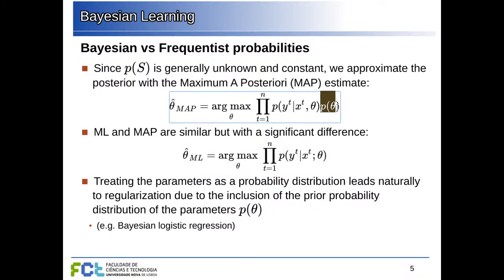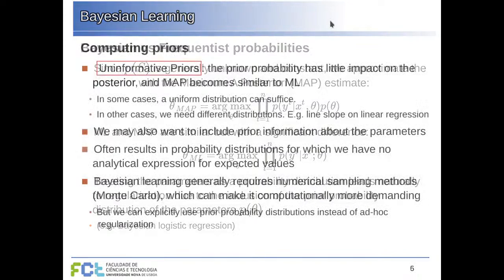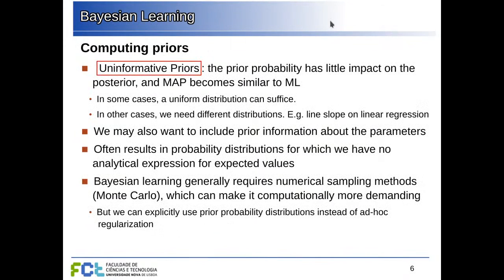In this case, we are multiplying by a probability distribution for the parameters, and we have a joint probability distribution here between the data and the parameters. So this generally requires a lot more computational power. So we need to compute these priors.